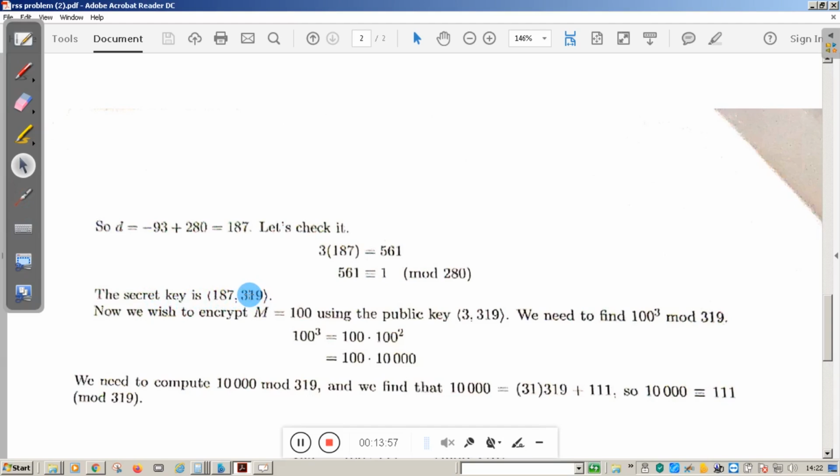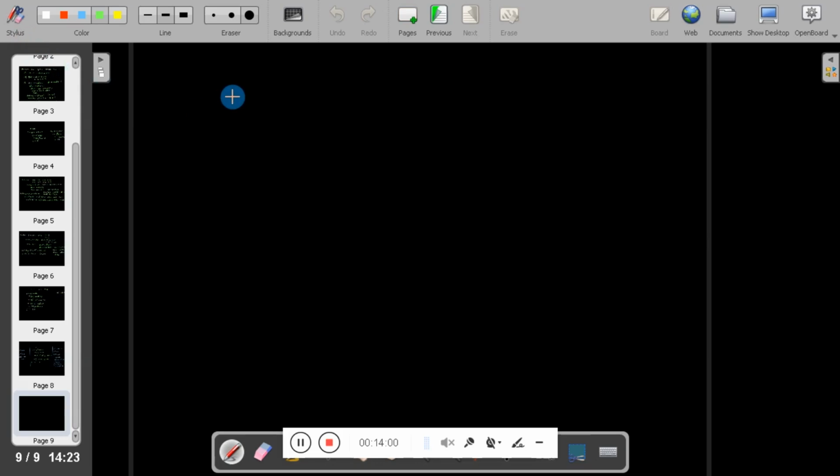Let me take you to the blackboard. We have the value M equal to 100, and the public key is E and N, that is, the value of E in our case is 3 and the value of N is 319.